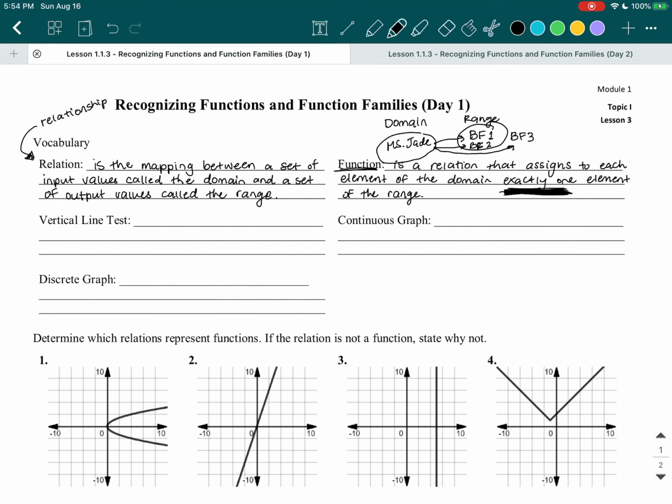Now, would this relationship function? No, because there's not exactly one element in the range. There's 1, 2, 3 elements in the range. So this is not a function, okay? A function is when there's only exactly one element in the range for every thing in the domain.